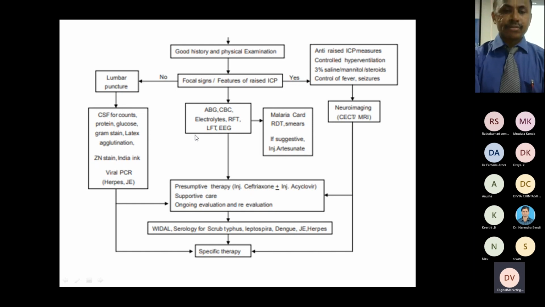What is the reason for all this, and how can you hit the root cause of this particular problem? This is what we are doing all this diagnostic workup for, and simultaneously we give symptomatic treatment, supportive care, and presumptive therapy. And then if you are able to achieve some diagnosis, you hit it directly with specific therapy.